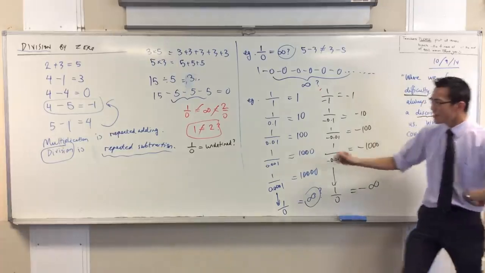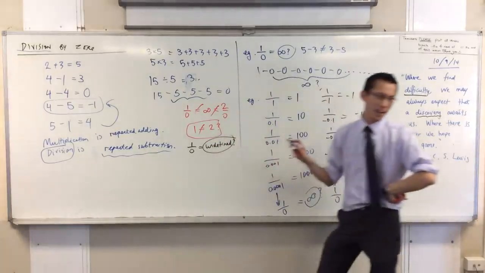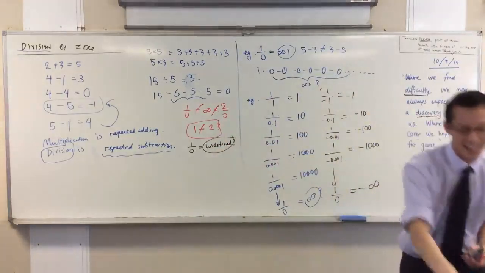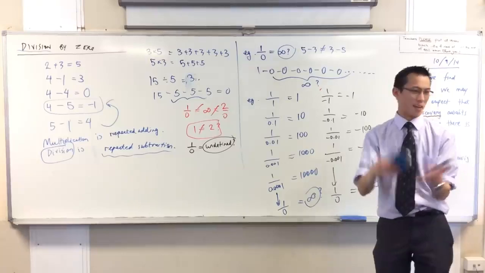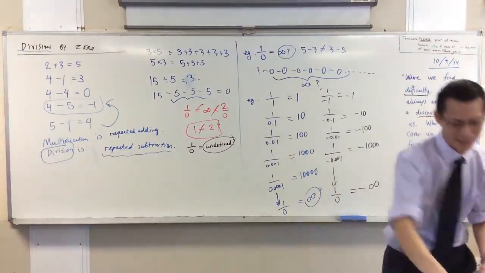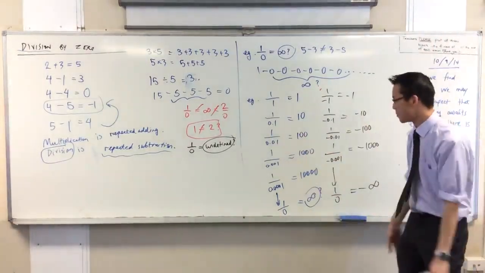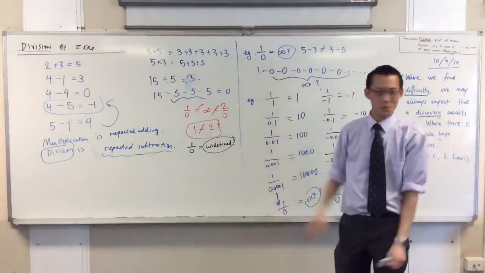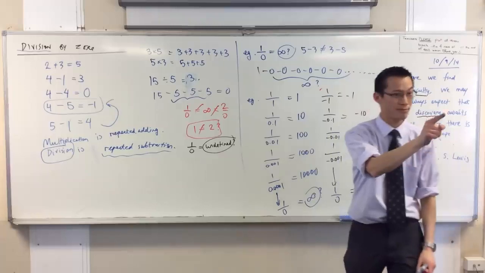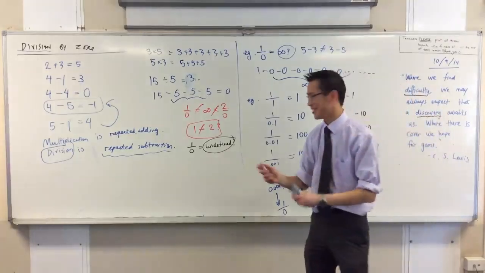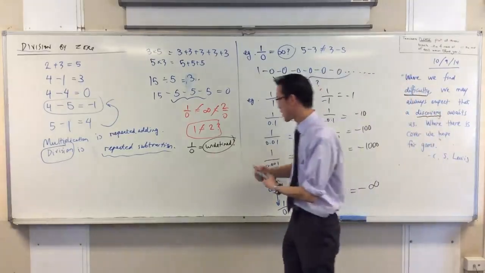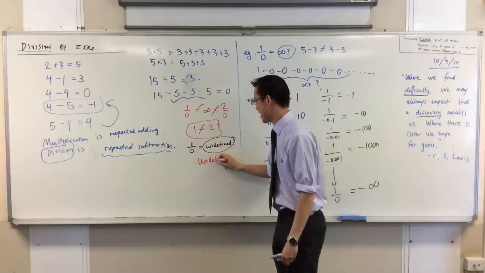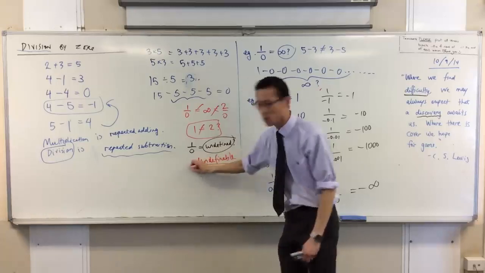Undefined. Why do we call it undefined? I used to think, you get your calculator out and you punch it in and it's like math error because it's undefined. You look it up on Wikipedia and you're like, is the mathematician just lazy? They're like, oh, well, I don't know what it is, we'll just not define it. No. In fact, it's undefined because it's undefinable.